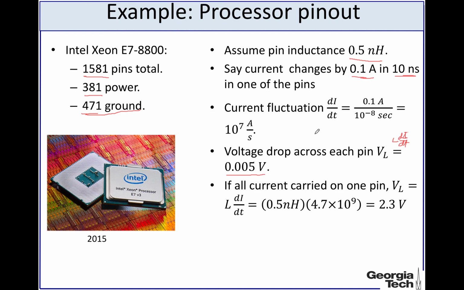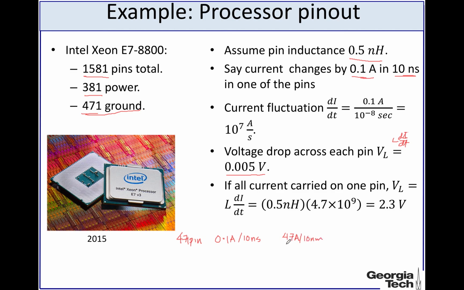So we talked about the worst case scenario where in all the ground pins the current changed by 0.1 amps in 10 nanoseconds. So essentially overall the total amount of current that rose is around 471 pins, each pin the current changed by 0.1 amperes in 10 nanoseconds. So in total the total current changed by 47 amps within 10 nanoseconds.